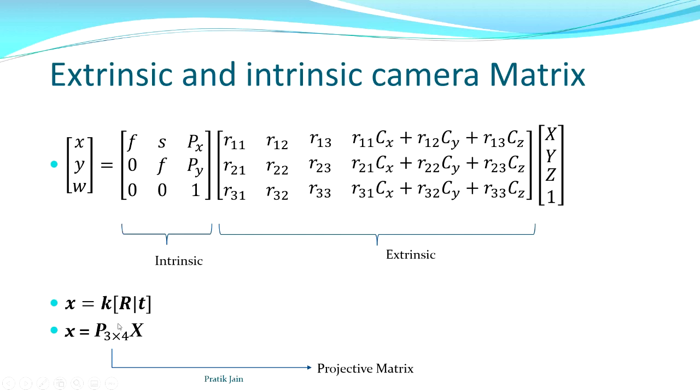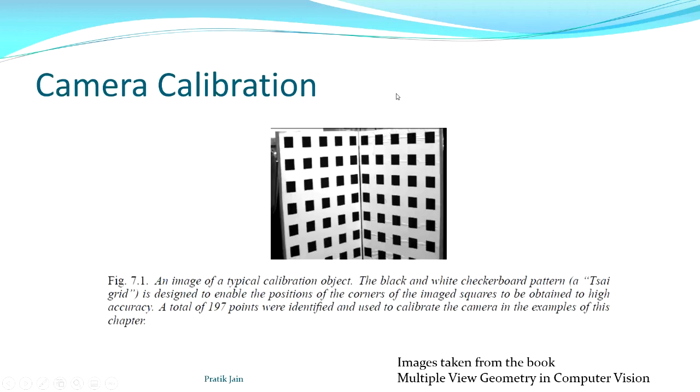Now in this video we are going to see how we can get this projective matrix, or camera matrix, by some calibration techniques. Say we have a structure like this. It is an experimental setup, and we know the 3D location of this point, this point, this point, this point.